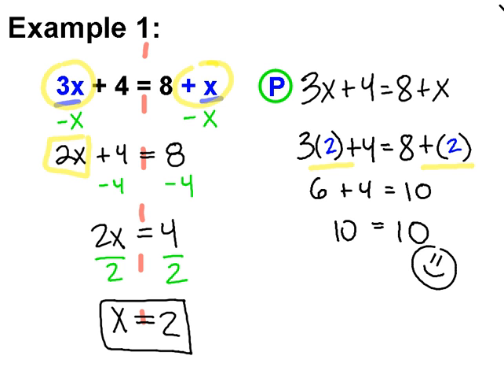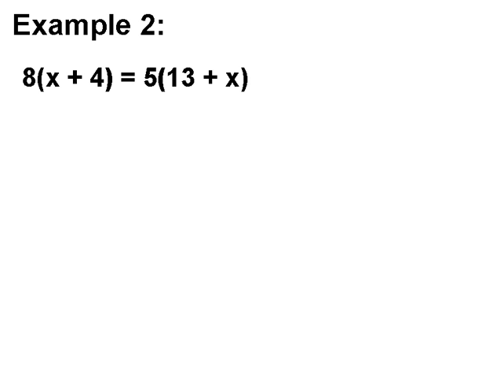All right, let's look at another one together. So we start out with 8 times the quantity x plus 4 equals 5 times the quantity 13 plus x. Well, I can see right away that I need to do each of these expressions one at a time. So I'm going to pull that revealer out again, just like a post-it note.